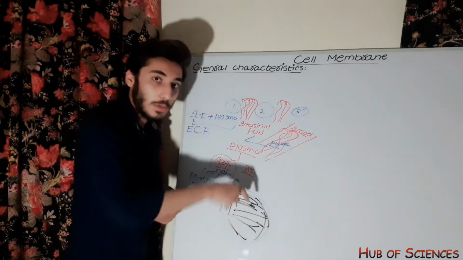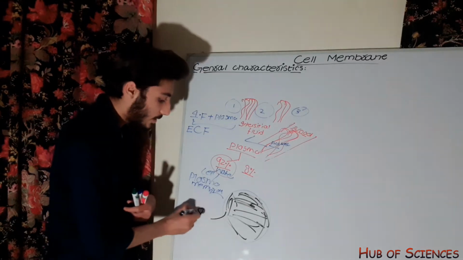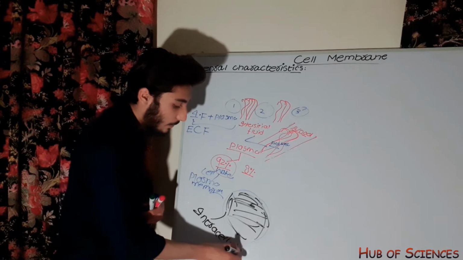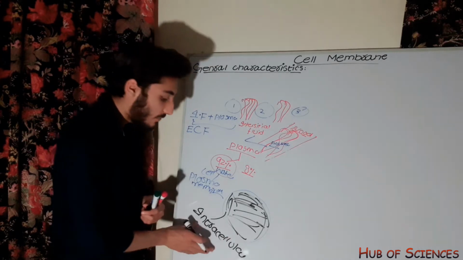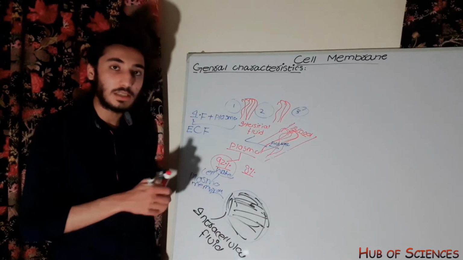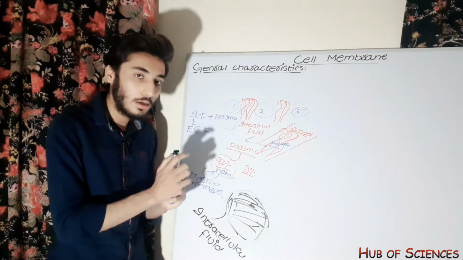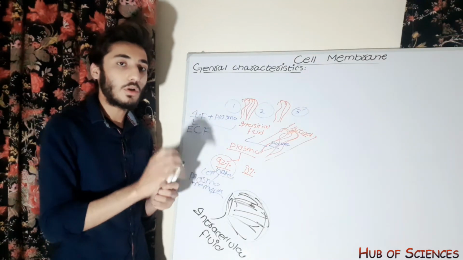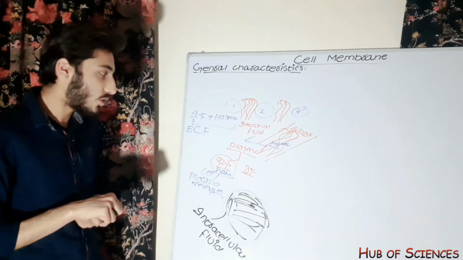So the fluid present inside the cell is called the intracellular fluid. Intra means inside and cellular means cell. The fluid present between two cells, the interstitial fluid, and the fluid present in the plasma, both are called the ECF or extracellular fluid.